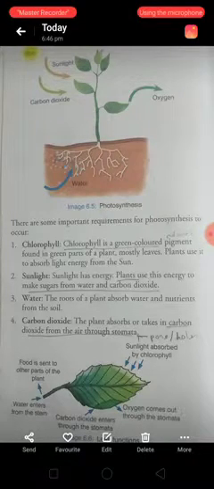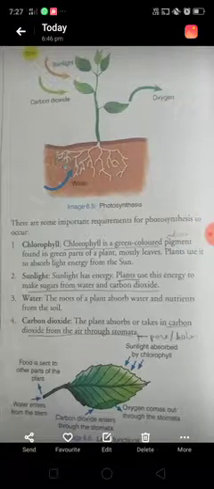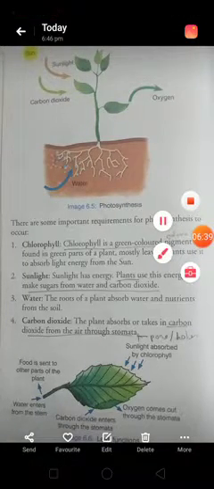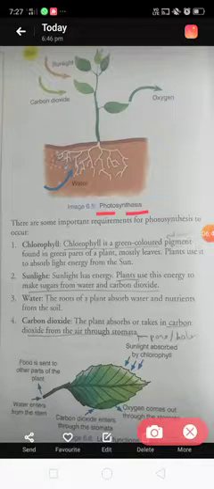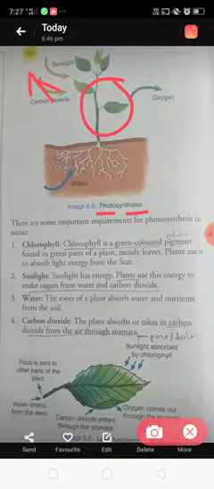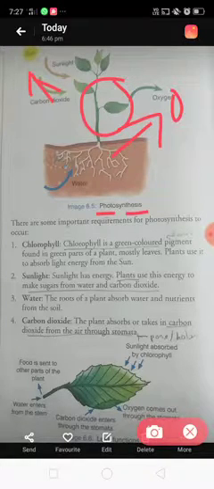In photosynthesis, photo means light and synthesis means prepare. So that means the plant prepares food with the help of light. After preparing food from the light, they release what? Oxygen. We can write oxygen as O2.